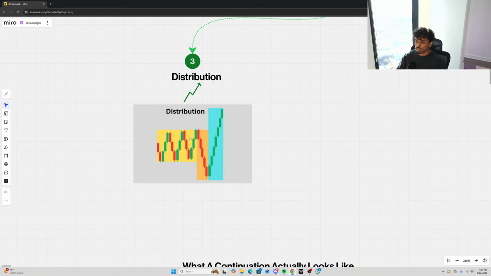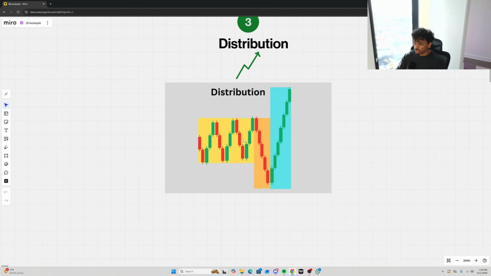As we see here, this is an overall bullish example where we have accumulation here, we have manipulation to the opposing side, and we distribute to the overall direction. So what can we infer from price action looking at it before the accumulation has occurred?